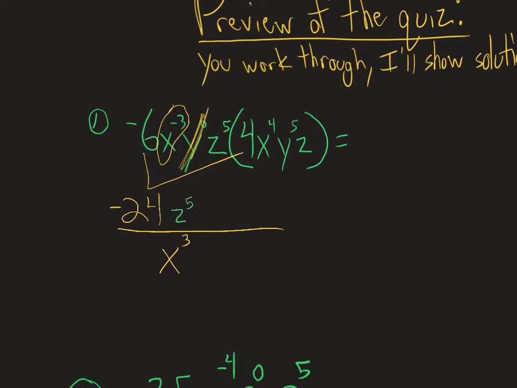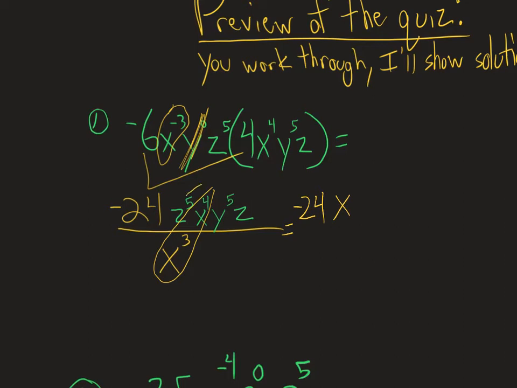I've got a z5, an x4, a y5, and a z. So I'll just go from here. My x4 and x3, I'll subtract those guys. That's just an x with that negative 24 on front. And now that the x went away, there's no more reason for a fraction, so I won't have a fraction anymore.